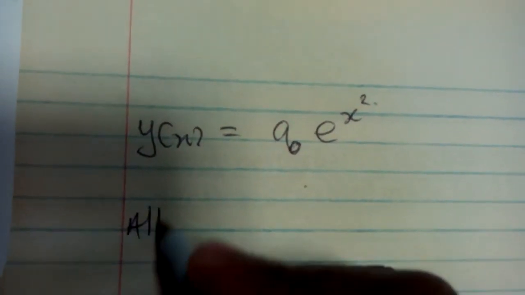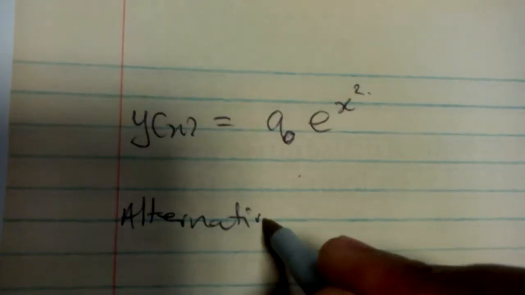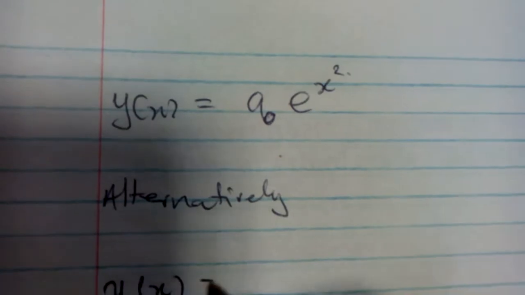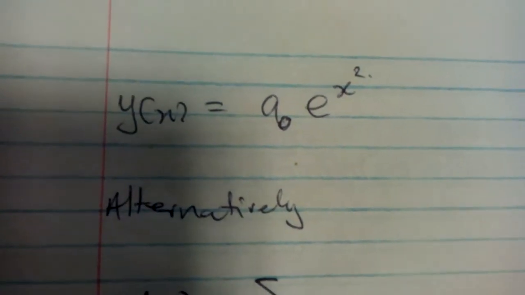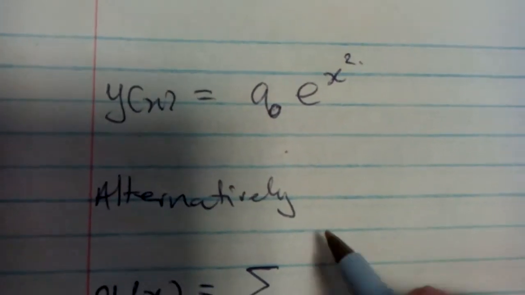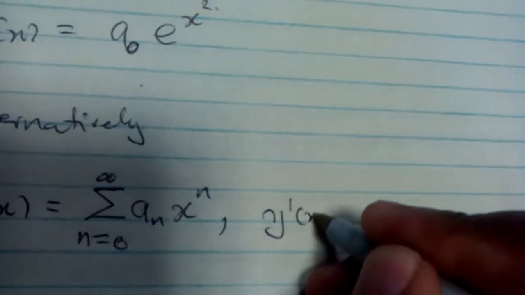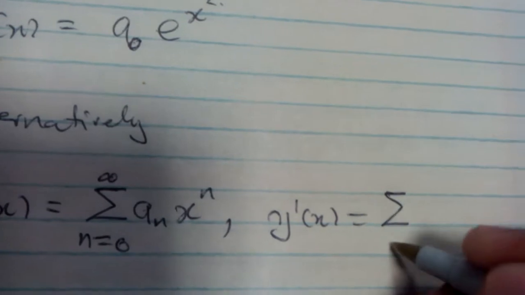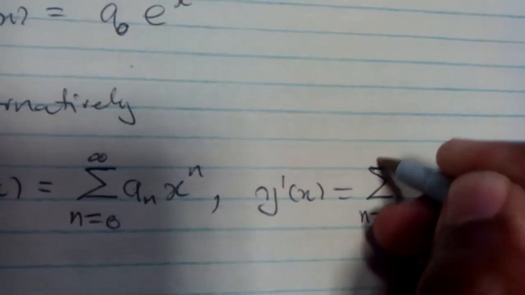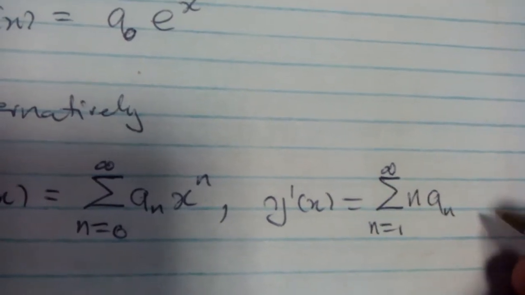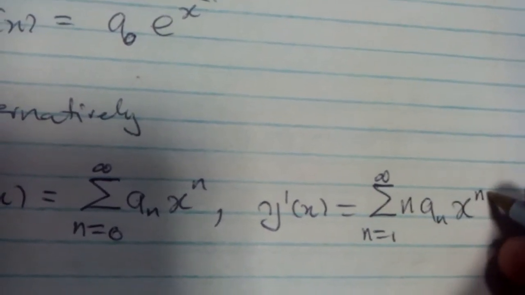Alternatively, we have y of x being equal to what? To the sum from n equal to 0 up to infinity of a n times x to the n, and y prime of x being equal to the sum from n equal to 1 up to infinity of n a n x to the n minus 1.